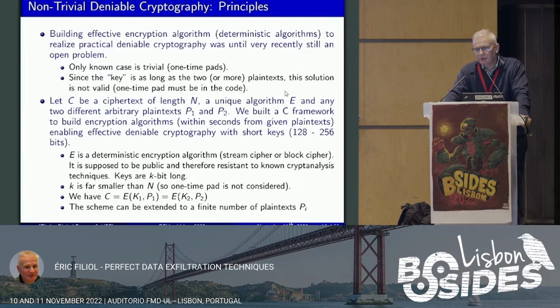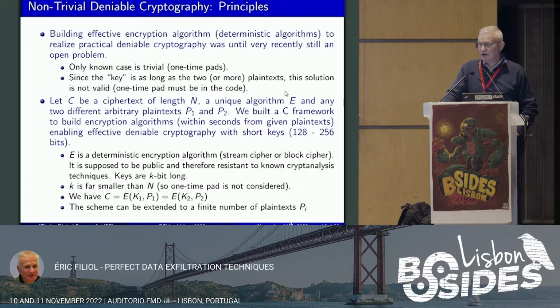It takes only a few seconds. And this time we don't need very long keys as long as the ciphertext, but very short keys, from 128 to 256 bits, which is currently the standard for the key size in secret cryptography.